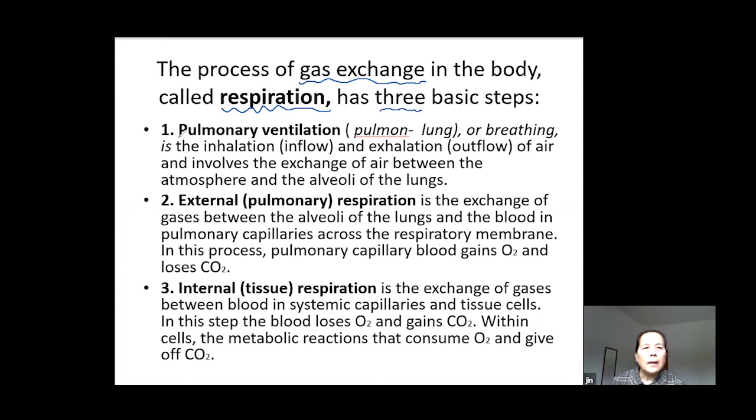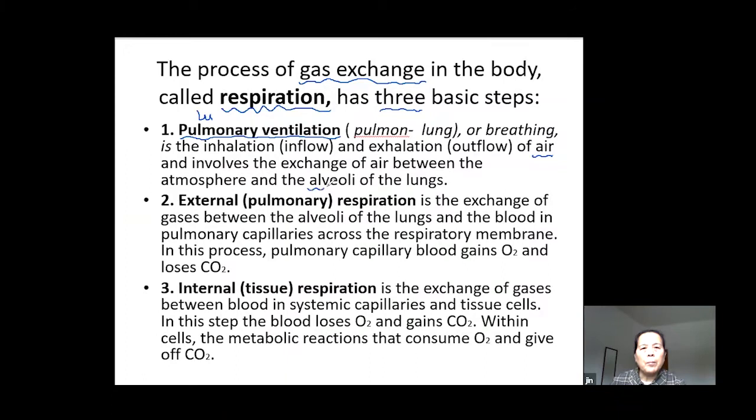One part we call pulmonary ventilation. Pulmonary is the medical word for the lung. Ventilation means the gas goes in from the outside air and into the lung.